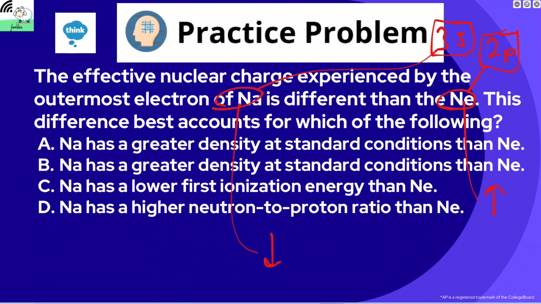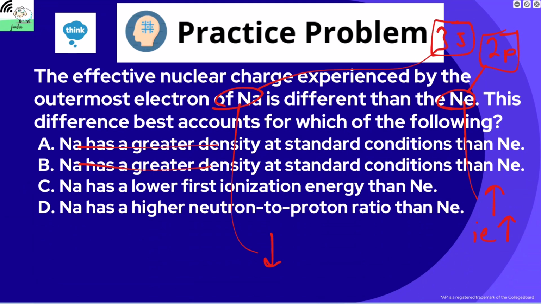It says Na has a greater density. Well, we haven't really talked about density. Na has a lower first ionization energy. Well, let's think about that for a second here. Na has a lower first ionization energy than that of Ne. The Ne valence electrons are going to experience greater attraction, so the ionization energy is going to be really, really high because of the greater attraction.